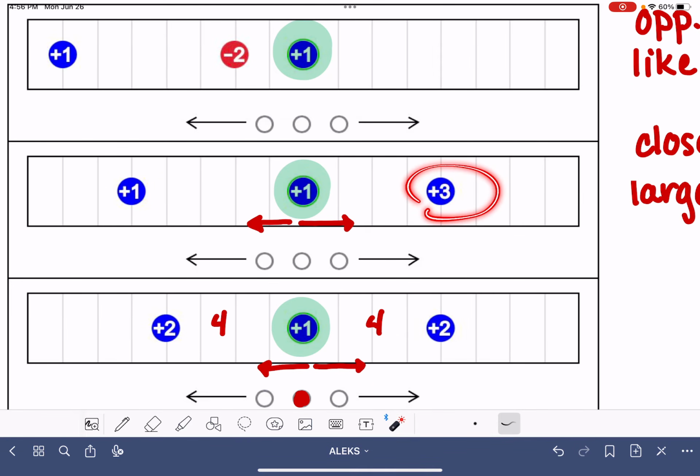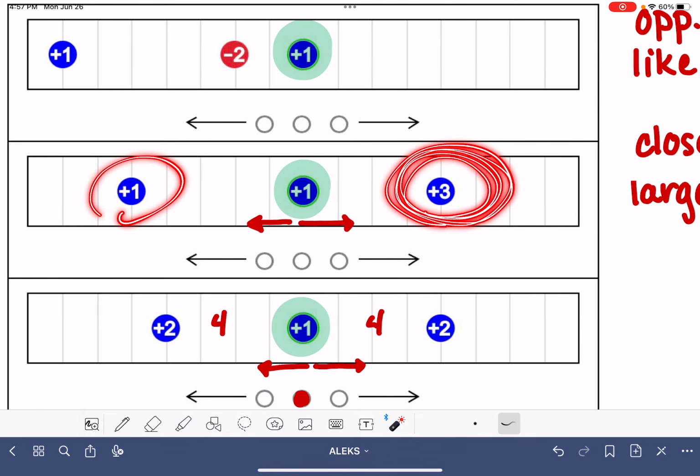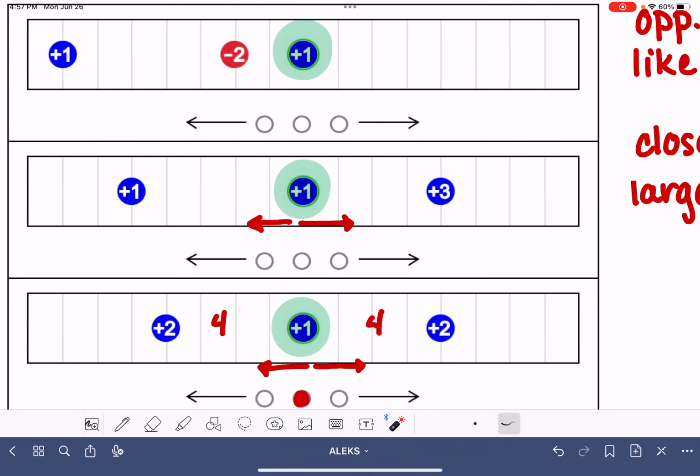Which one is going to have a greater effect on the motion of the center particle? Well, we have here a significantly greater magnitude of charge. +3 is much larger than +1. In addition to that, the +3 charge is 4 units away, whereas the +1 charge is 5 units away.